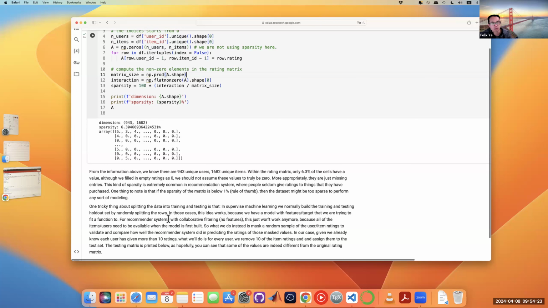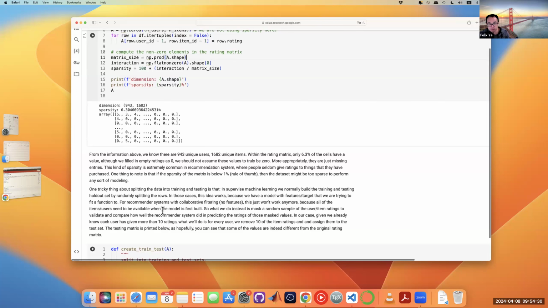One thing to keep in mind as a rule of thumb is that usually the sparsity is very low. 1% to 6% is okay, but if it is below 1%, the data set may be too sparse to perform any sort of modeling. So 1% is the rule of thumb. Basically, anything below 1%, you shouldn't use. It is too sparse.